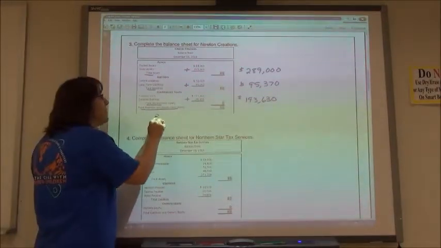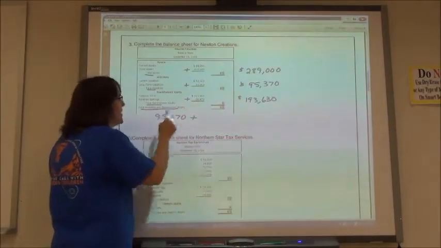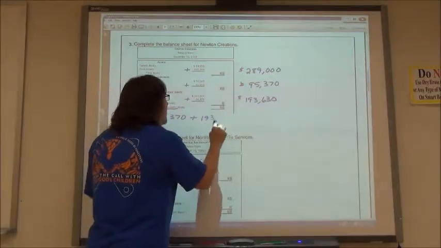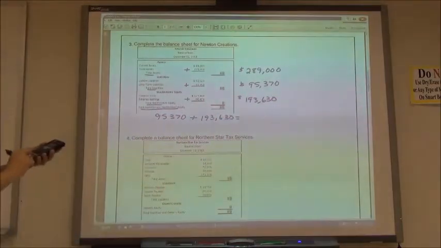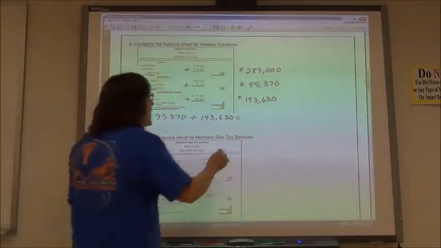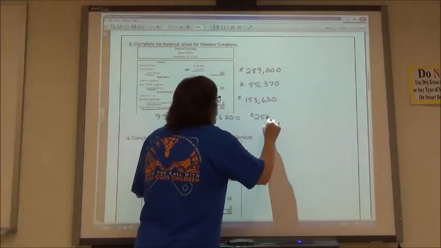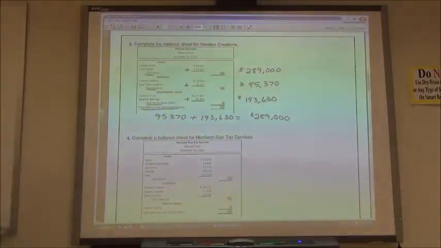So my total liabilities, $95,370 plus my stockholders' equity of $193,630 gives me that total. So if I add those, I get $289,000. You'll see that it matches up with my assets, so I have a balance on my balance sheet.